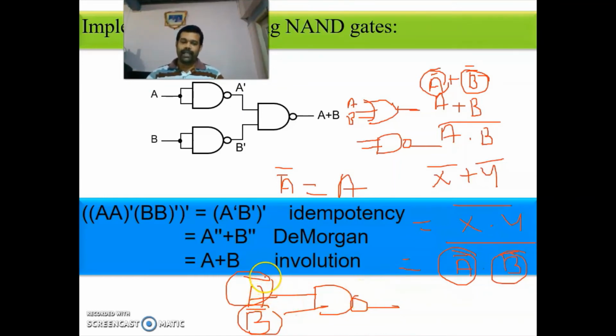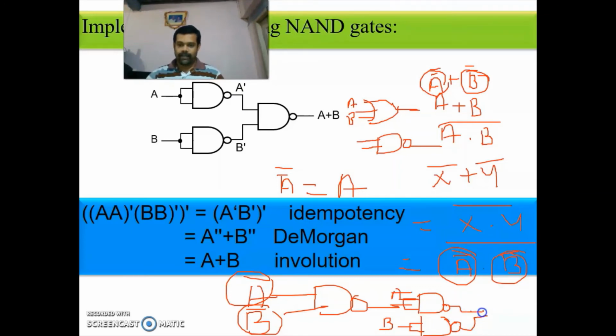So already we know that inverter can be implemented by using NAND gates. So this is A, then B. First we are giving it to a NOT gate using NAND gate.